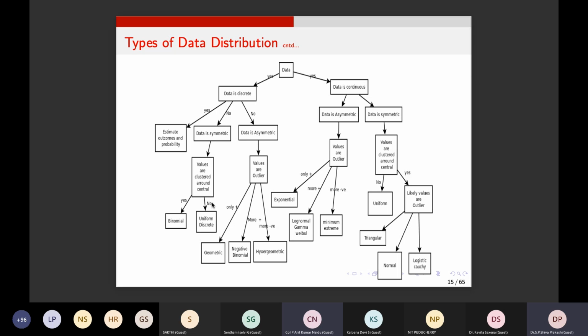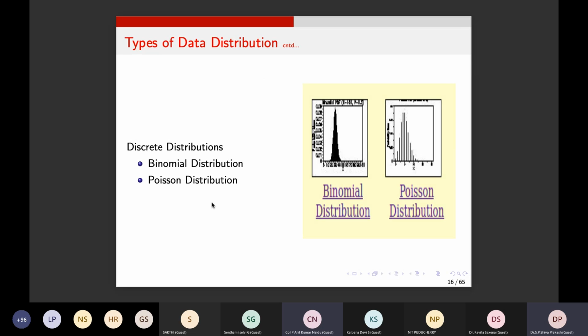Now when it comes to these types of distributions, of course there are different types. To showcase the discrete distribution examples, a binomial and a Poisson distribution look like this, right?